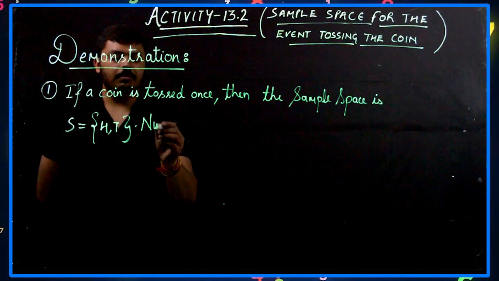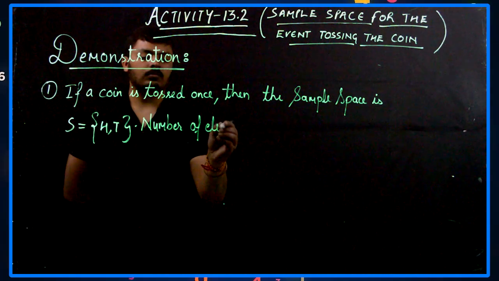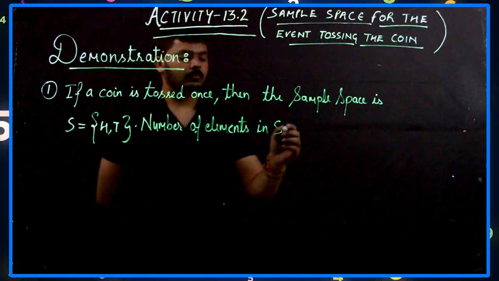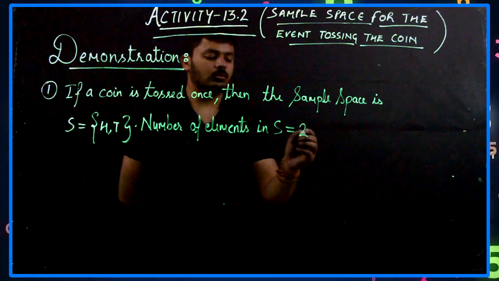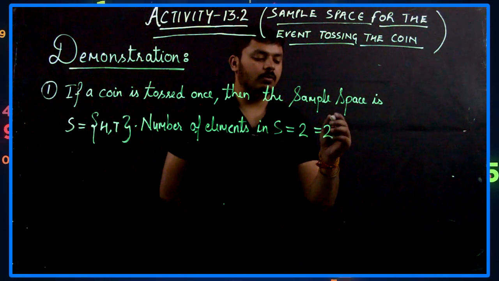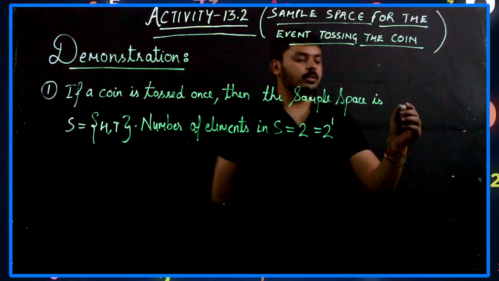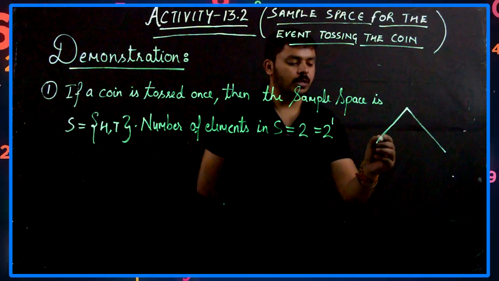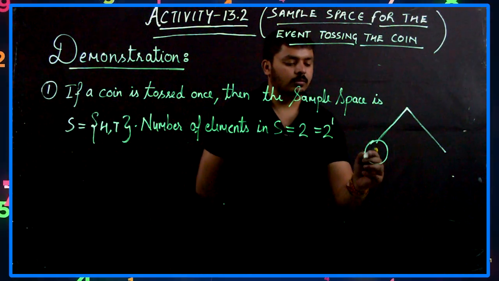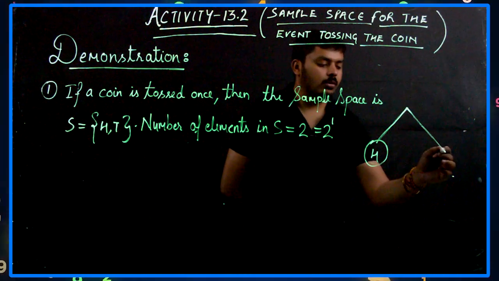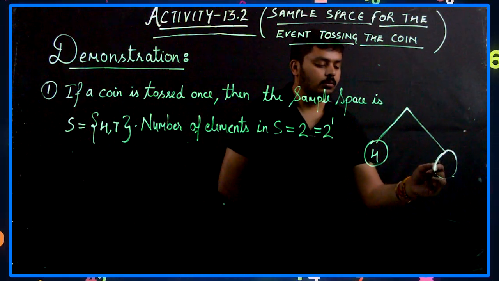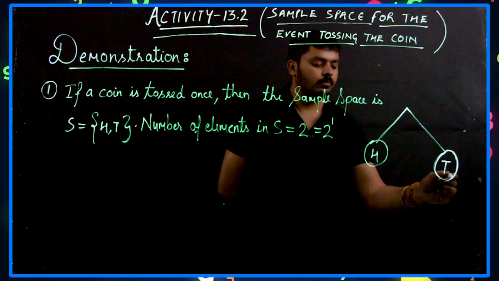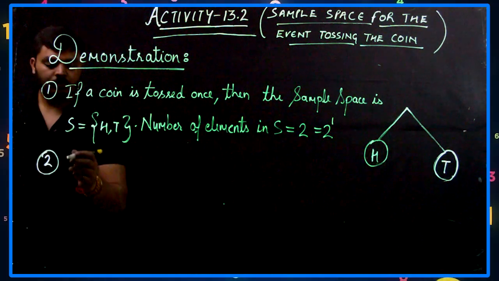So the number of elements in S is equal to 2. We can also write 2 to the power 1. That is, when a coin is tossed once, it is either head or tails. That is, 2 outcomes.